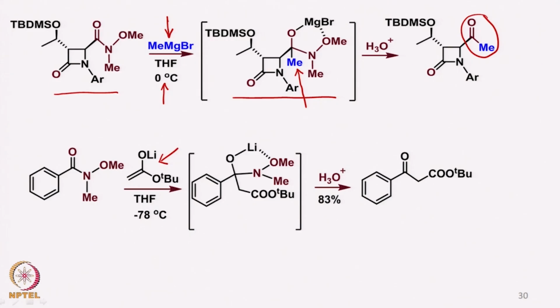Now I also said that we can introduce a nucleophile like this, which is derived from the corresponding ester. If we have an ester of this type where we deprotonate here and generate the nucleophile, which has a lithium plus to coordinate, the nucleophile attacks this carbon atom to form the corresponding intermediate of this type.